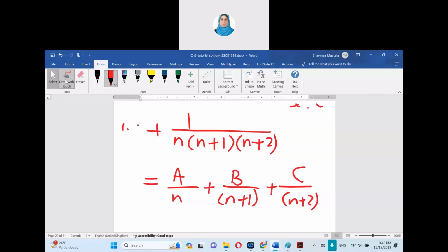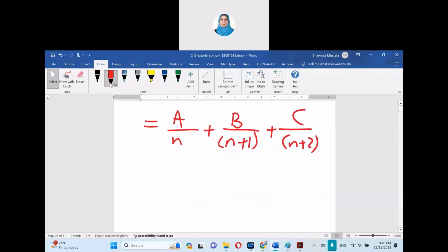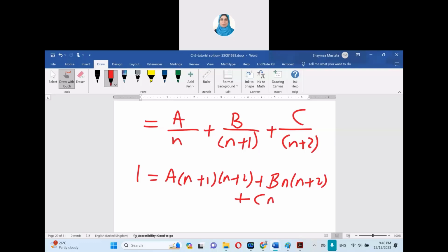Right. So for the value of A, we need to solve 1 equal to A(n+1)(n+2) plus B n(n+2) plus C n(n+1). Take n equal to 0. So 1 is equal to 2A, which means A is equal to 1 over 2.